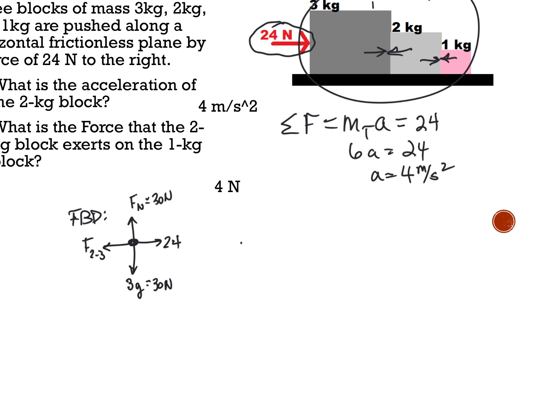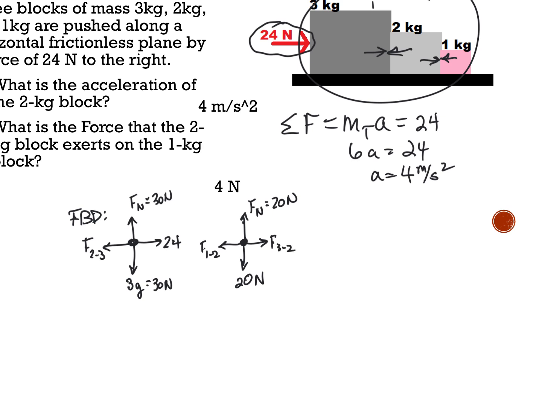Now we've got the free body diagram for block 2. We've got 20 this way, and normal force, which is 20 newtons this way. We now have the force of 1 onto 2, and then we have the force of 3 onto 2 this way. Notice the 24 doesn't apply to it.